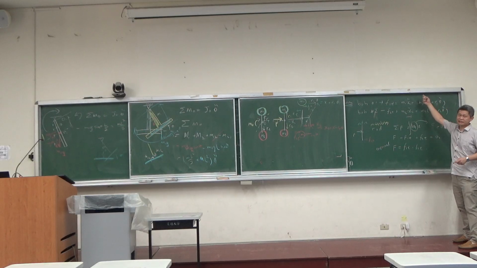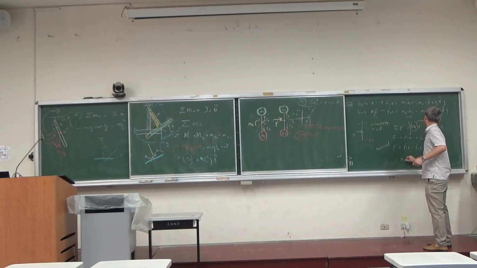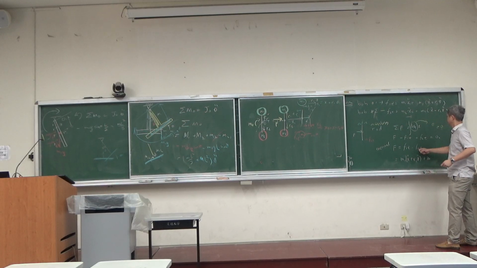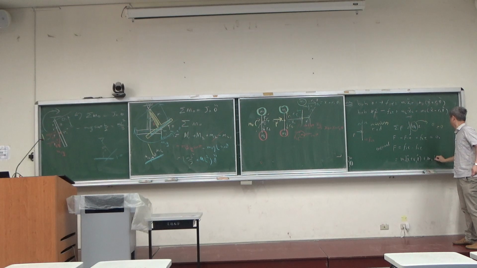Recall what F1T and F2T are. If you now write this, you're going to have M1 times x double dot plus R1 theta double dot, plus this is minus F2T, equal to M2 times x double dot minus R2 theta double dot.